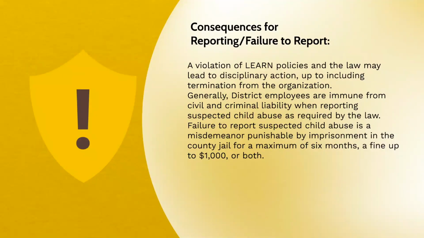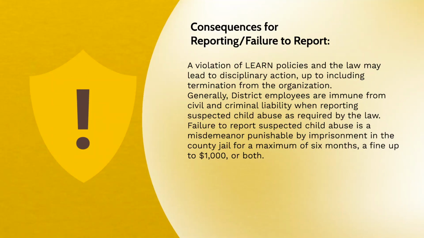Consequences for reporting or failure to report. A violation of Learn's policy and the law may lead to disciplinary actions up to termination from the organization. Generally, district employees are immune from civil and criminal liability when reporting suspected child abuse as required by law.